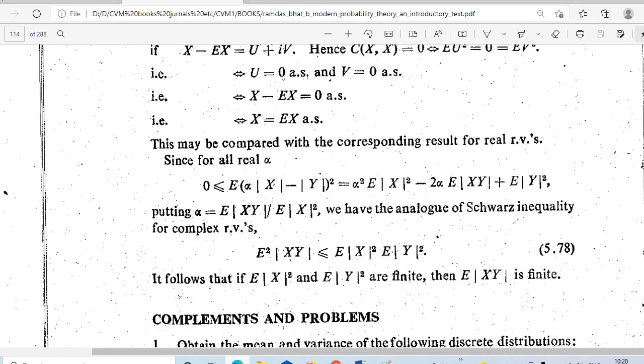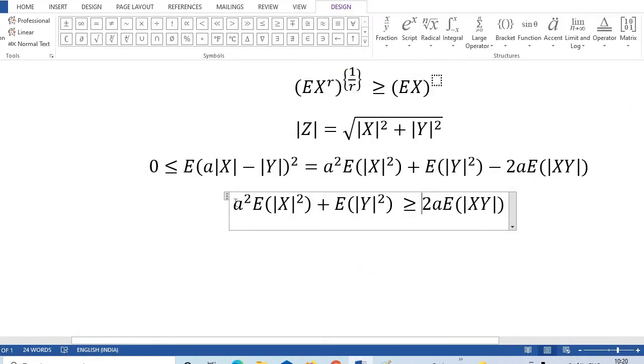Then take alpha equal to expectation of mod x y divided by expectation of x square.